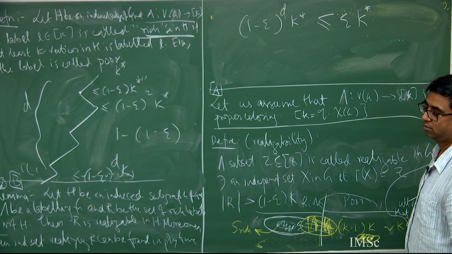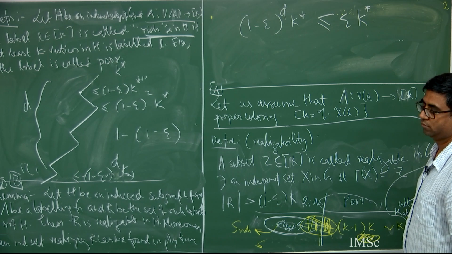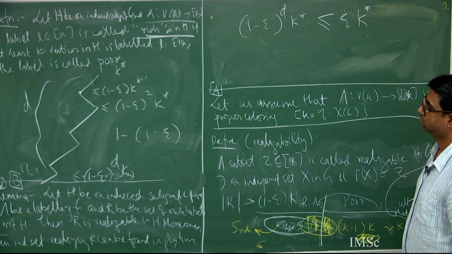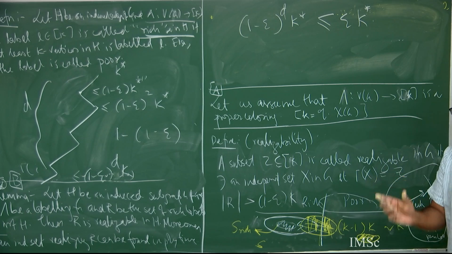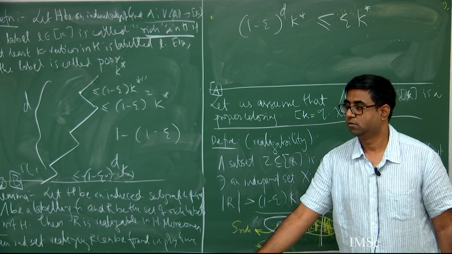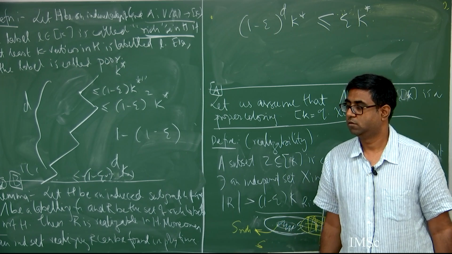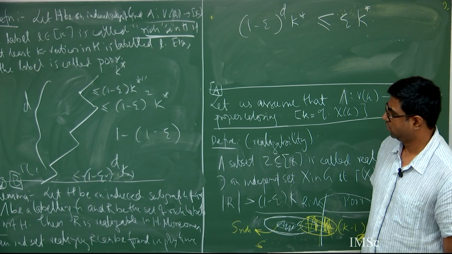Shouldn't it be, if it is at most 1 minus epsilon k in the first step, 1 minus 2 epsilon k in the second step? No, because it is 1 minus epsilon fraction of what is remaining. So at every step it is k minus k epsilon. 1 minus epsilon k is k minus epsilon k.